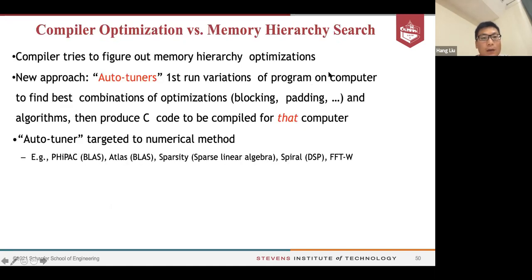Compiler optimizations versus memory hierarchy search: the compiler tries to figure out the memory hierarchy. In a new approach, auto-tuners first run variations of the program on the computer to find the best combination of optimizations, and algorithms then produce C code to be compiled for that computer.